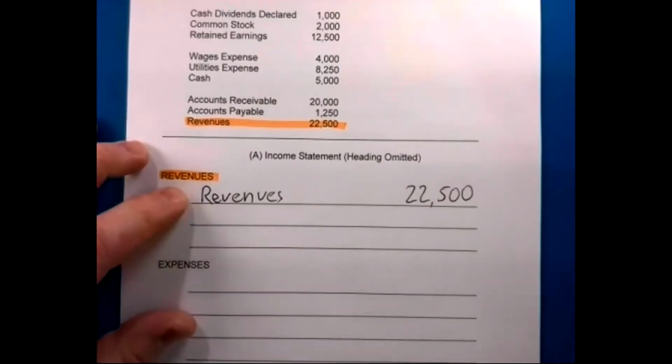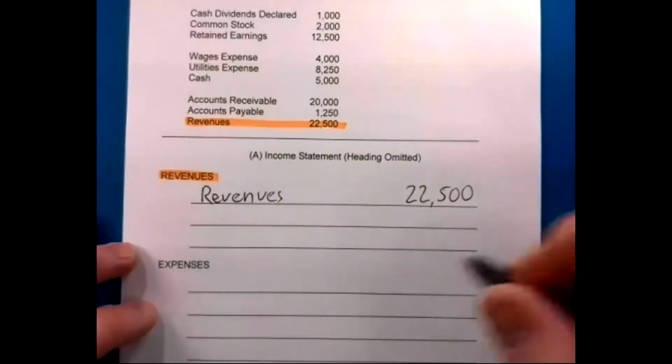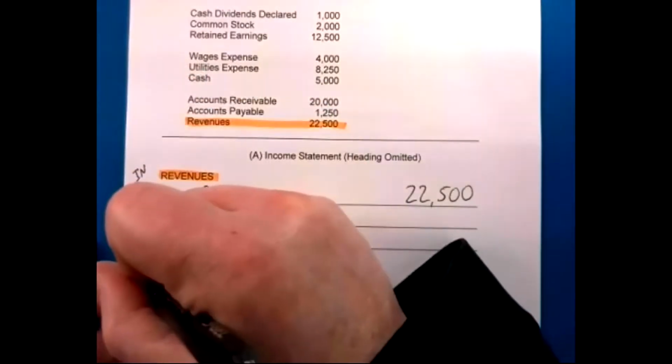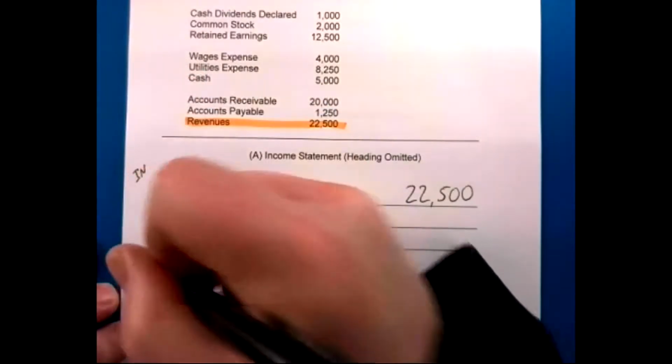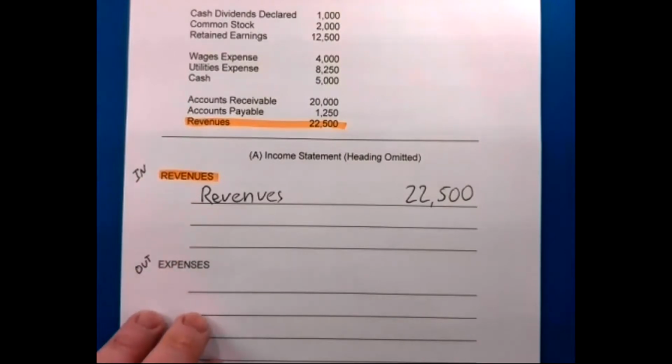So this is money coming in. So income statement just says what comes in. This is all money coming in, and this is all money going out here. So revenues are coming in, expenses are going out. All right, expenses.